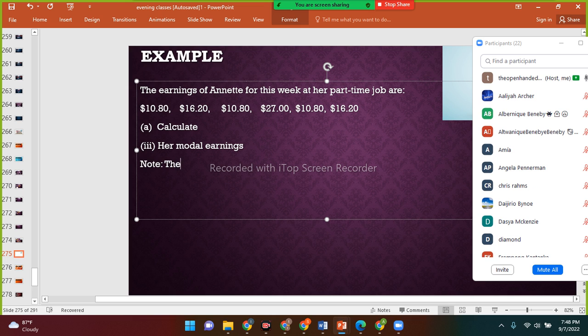So that's the value which appears most frequently, or the most popular value in the data set. By the way, modal and mode mean the same thing. Some students might get confused, but they're the same thing.